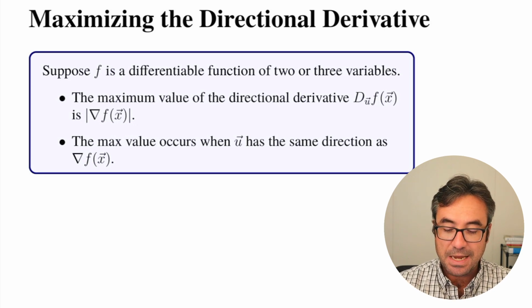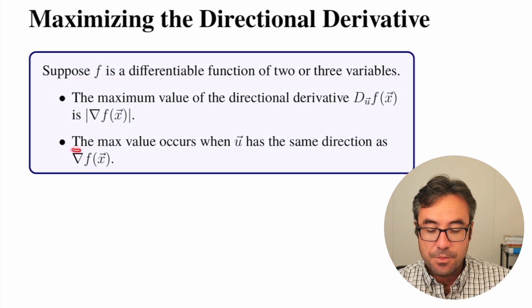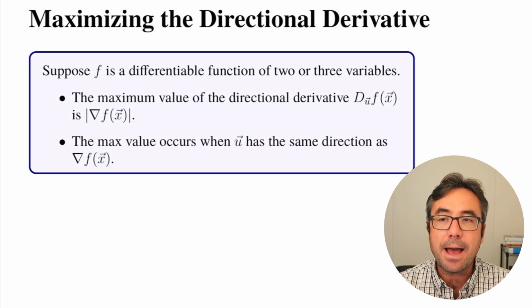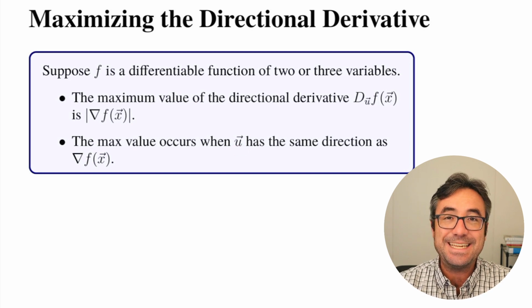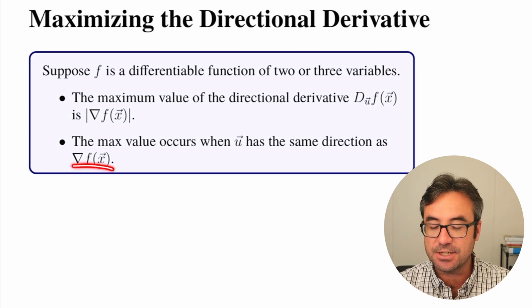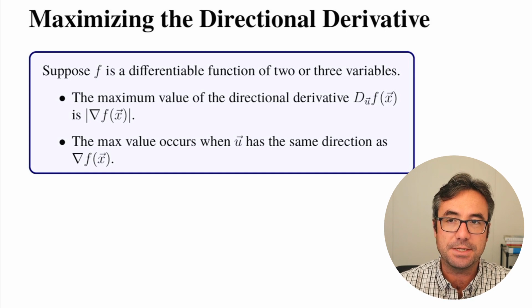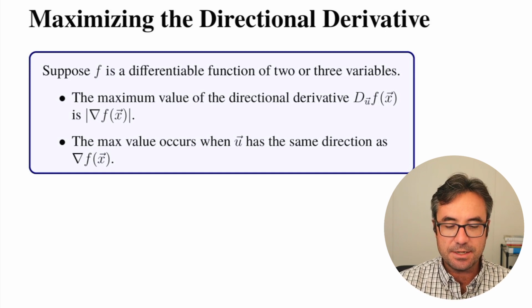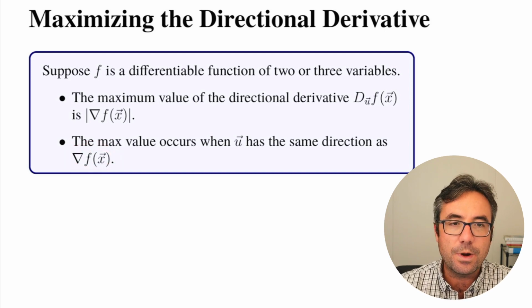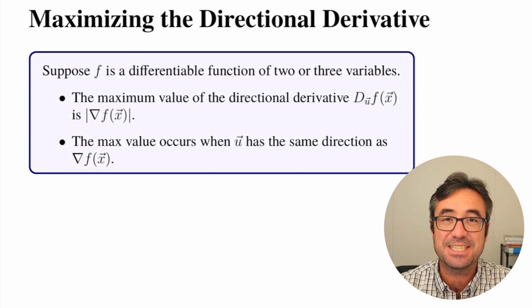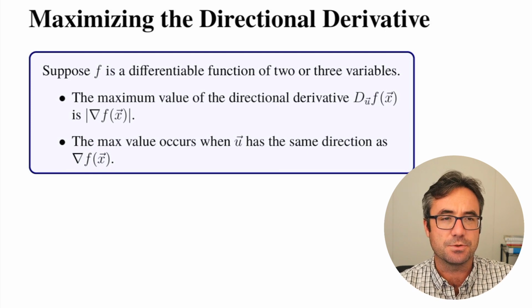And more importantly, that max value actually happens when our unit vector is the same direction as our gradient at that point. So the gradient essentially is telling us which direction to go in where our function is the steepest, where it's changing the most.